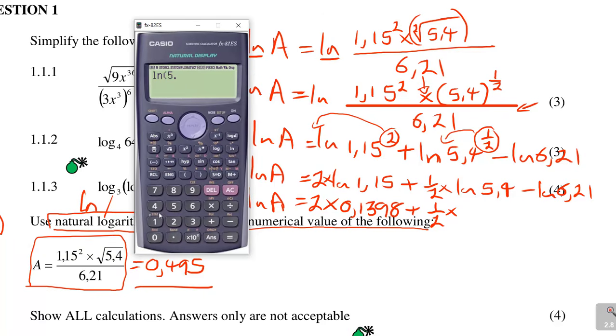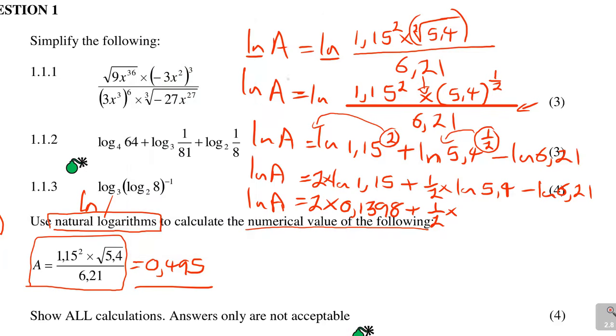It will also give me the answer there in 3 decimal places. Shift number 6 to 4 decimal places. It's 1,6864. So 1,6864 minus the last one, which is ln 6,21.